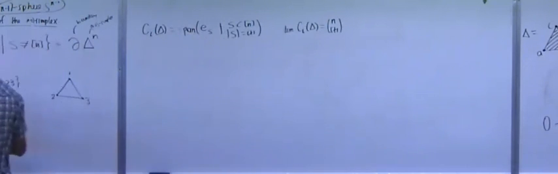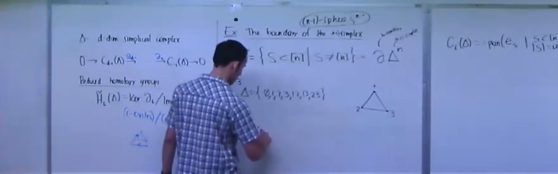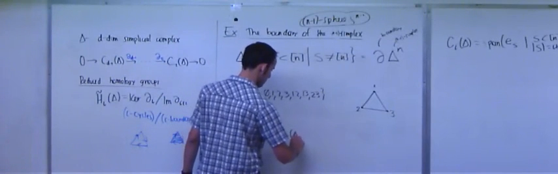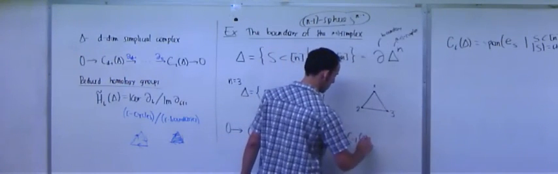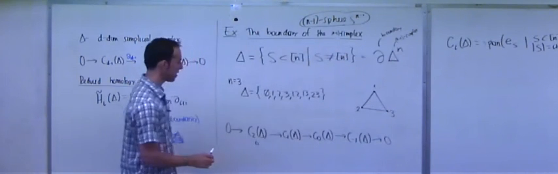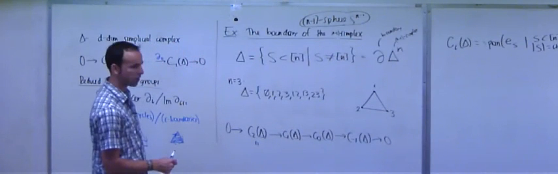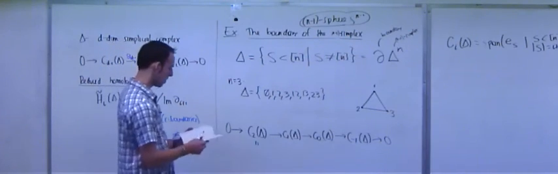And maybe we should do it very explicitly here so that you see exactly what we're doing. We're looking at this, right? Where C_2 of delta is the number of two-dimensional faces, and actually there aren't any. So that means that I might as well not put this in the picture. There's no two-dimensional faces here.